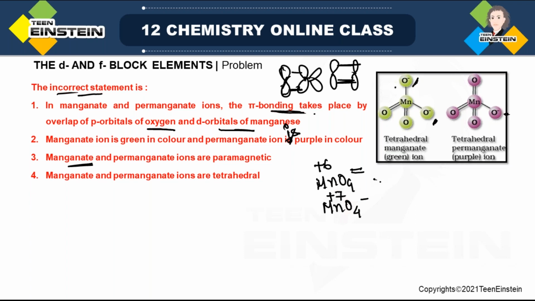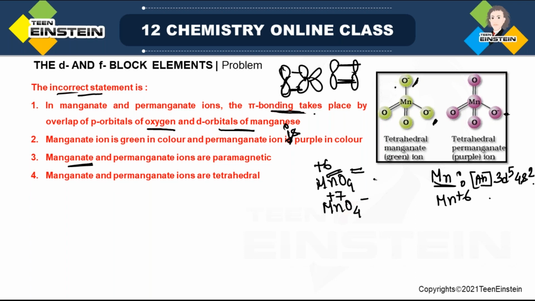For the first one, how many d electrons are present, we will see, and also for the second one. But before that, first see, when Mn is neutral, what is the electronic configuration? It is argon 3d5 4s2.